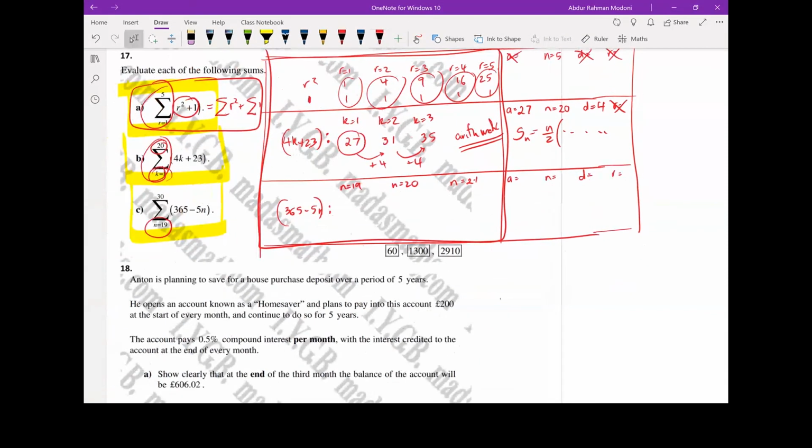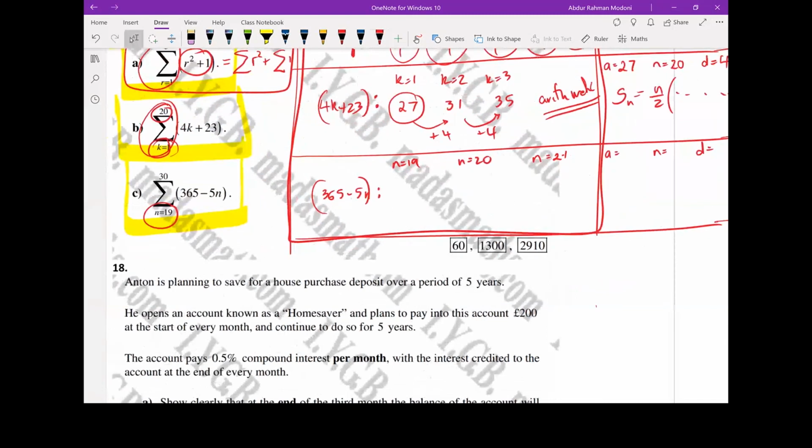Third one, again, starting this time at n equals 19. Okay. So when n is equal to 19, what do we get here? Slightly bigger numbers so just substitute those in. Just get my calculator here. So 365 minus 5 lots of 19 to begin with, 270.